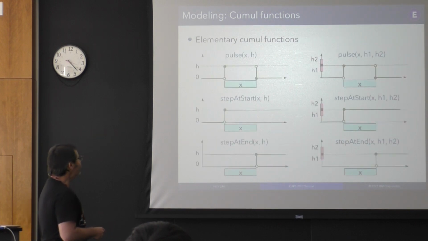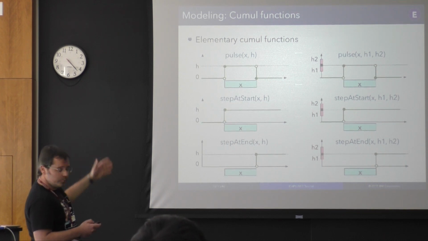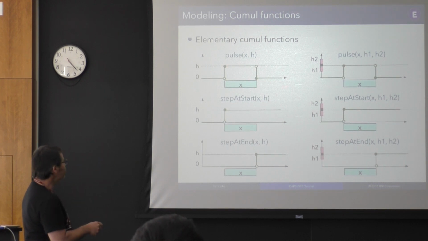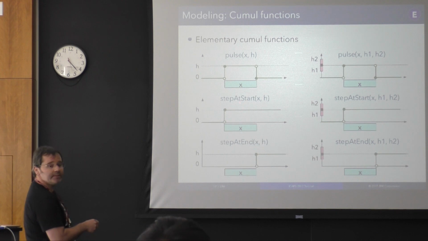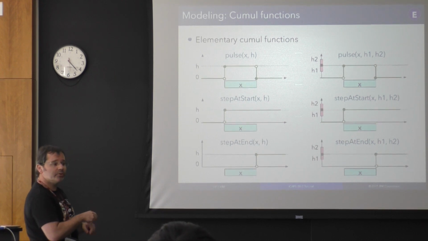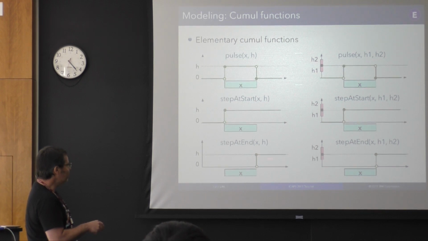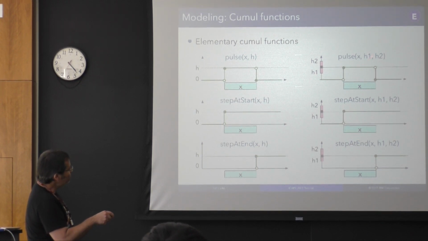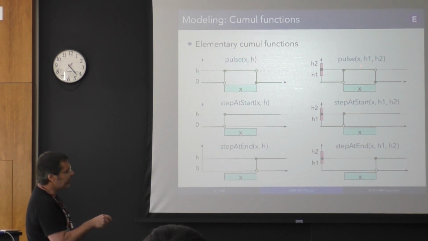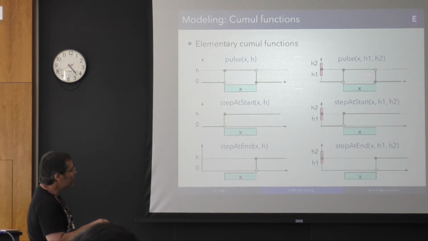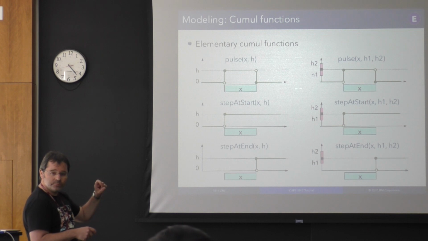We have a few elementary cumul functions: pulse, step at start, which increases the level of the function at the beginning, and step at end. We can also provide, instead of a given value, a range of values. So it will be a decision of the problem to decide the height of this function.